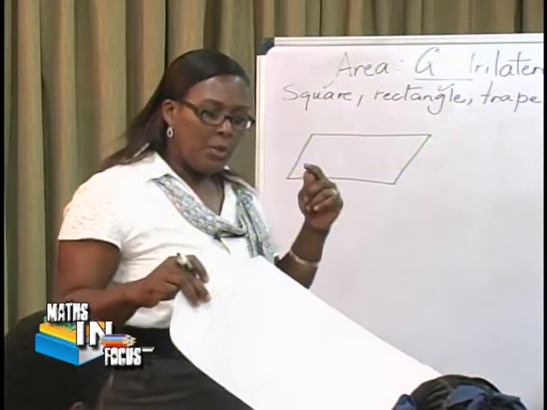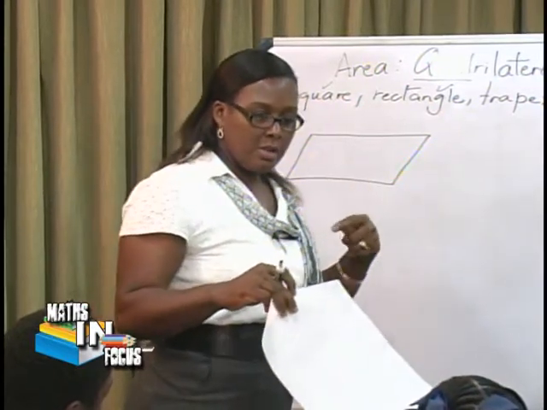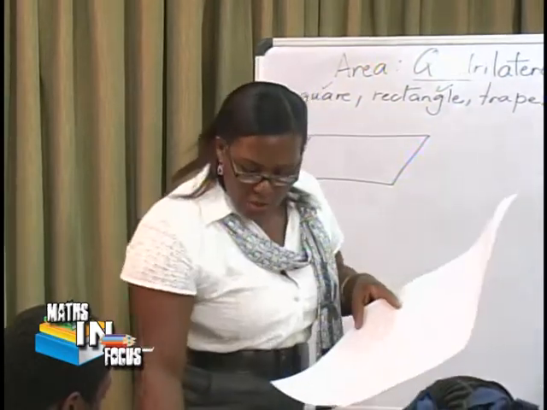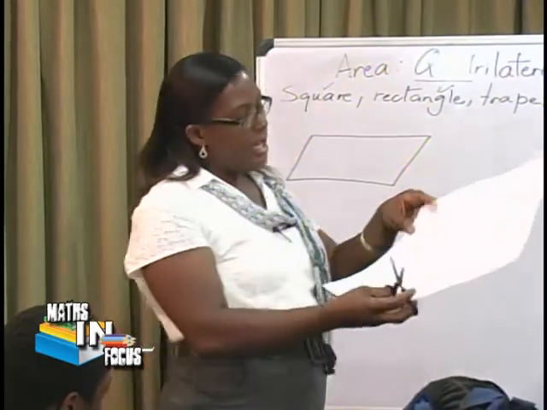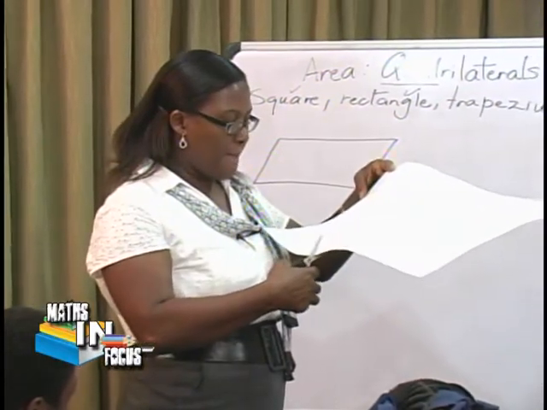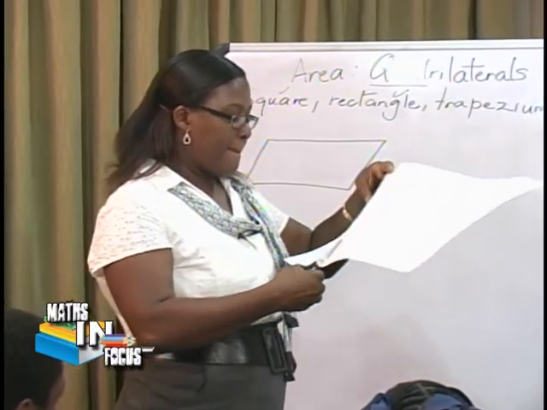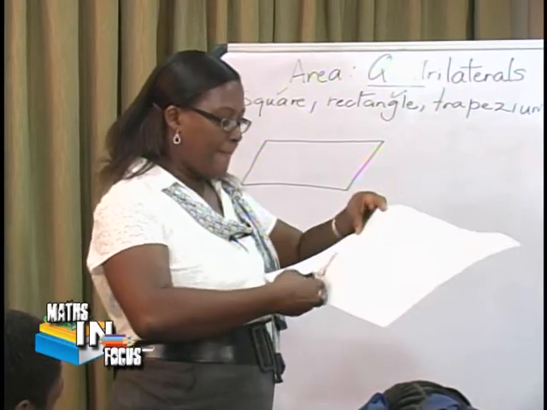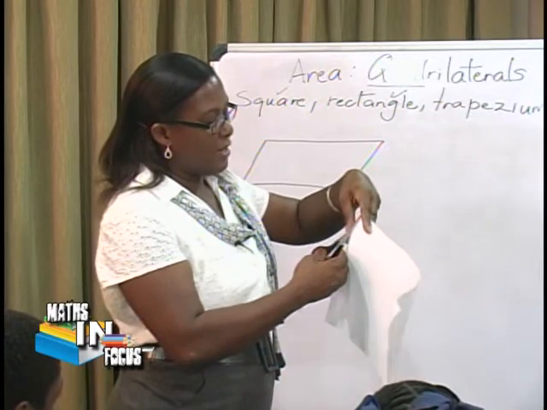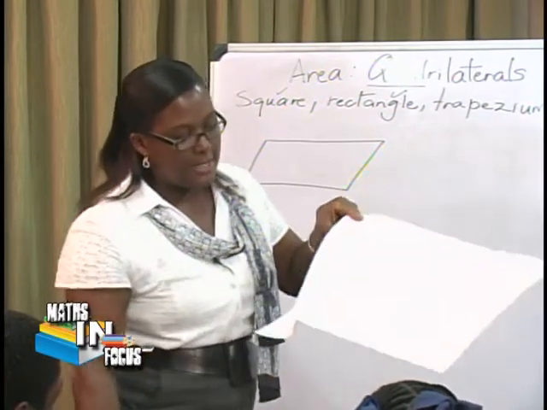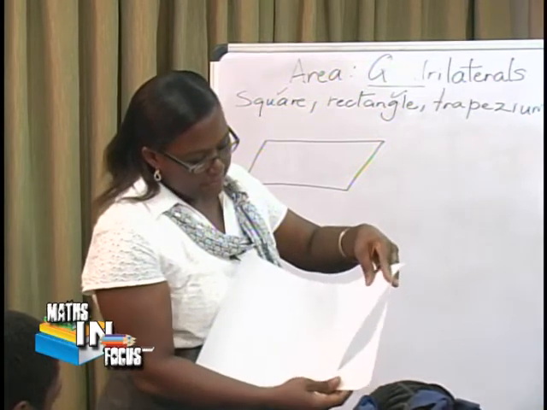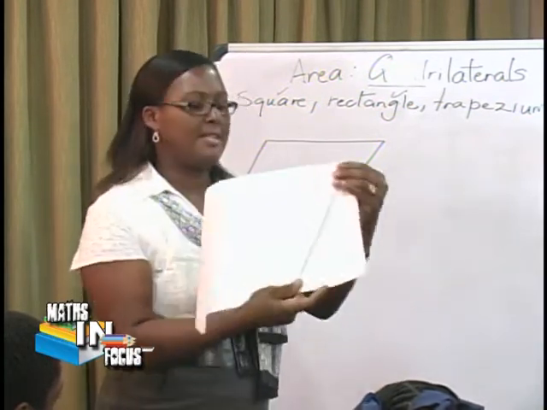Now, we did a shape before, and the shape is called a rectangle. Now, let us see what happens if I cut off this piece here on the parallelogram. I'm going to cut along here, which is the height of the parallelogram, and I'm going to take this piece and attach it across here. What shape have I made from the parallelogram?